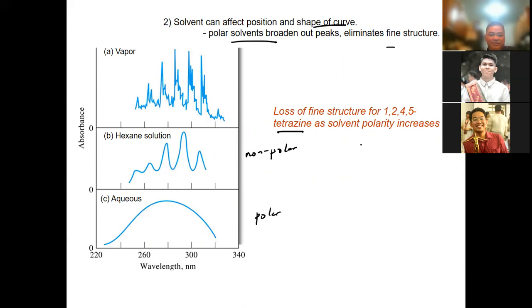As solvent polarity increases, as you could see here, we could say that it has a different chromophore. Or this one is responsible for some of the elements that you have in this compound. Okay, tetrazine. Tetrazine is what?